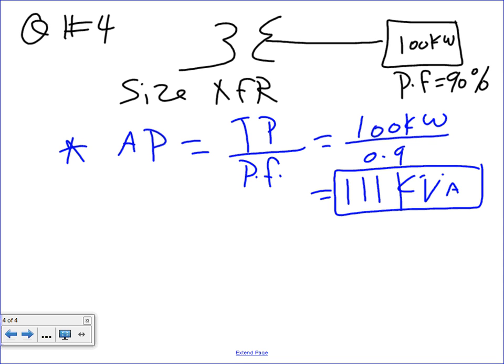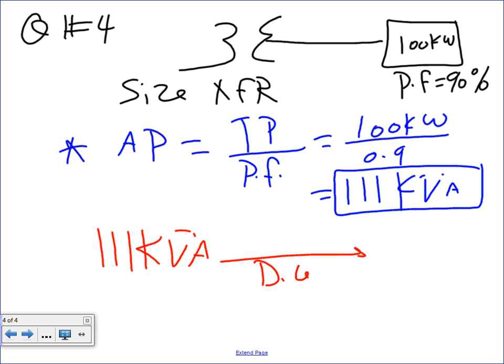Now then, I'm going to use red. Then you take your 111 kVA, DeWalt 7-6, exactly the same page that we were on. And Zach, my friend, what's the next standard transformer?